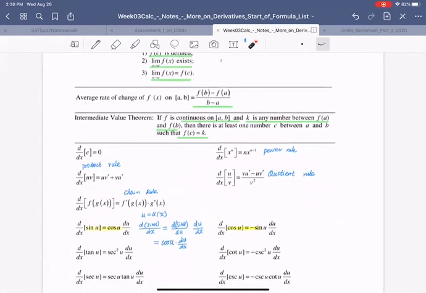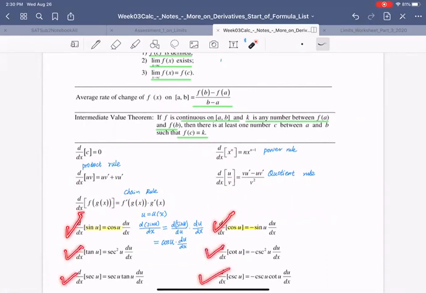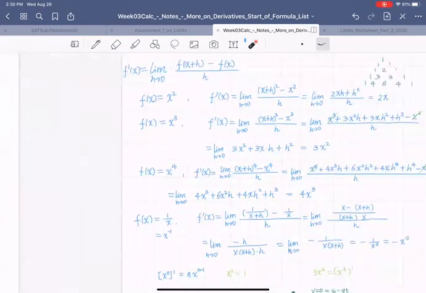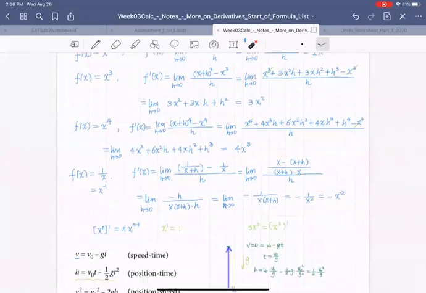And also be able to derive sine, cosine, tangent, cotangent, secant, and cosecant. You need to be able to derive all of this by yourself.